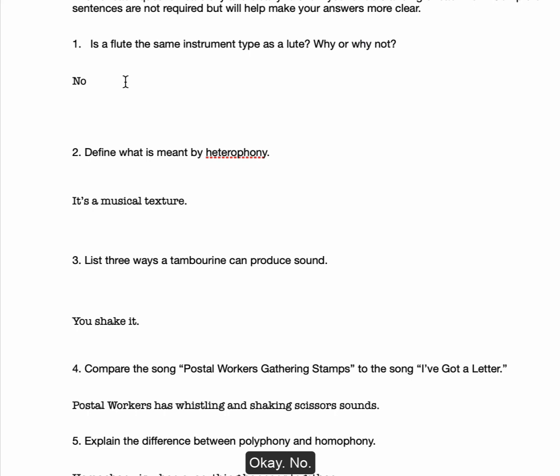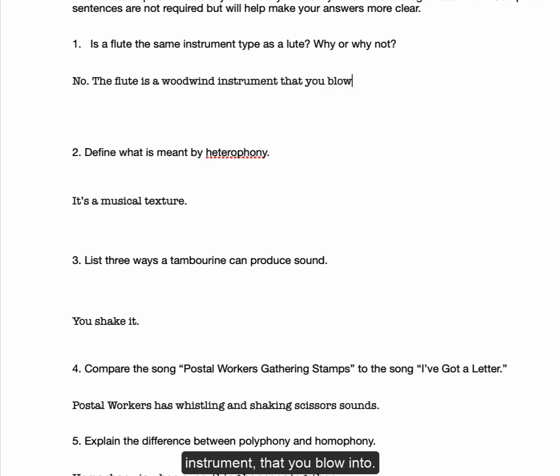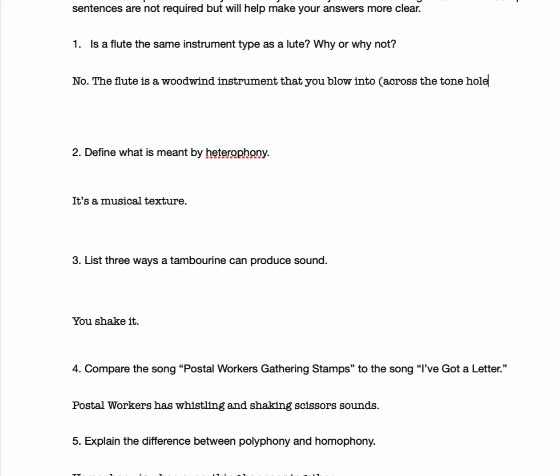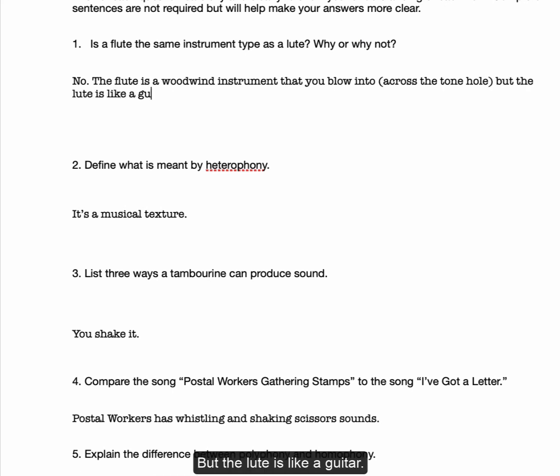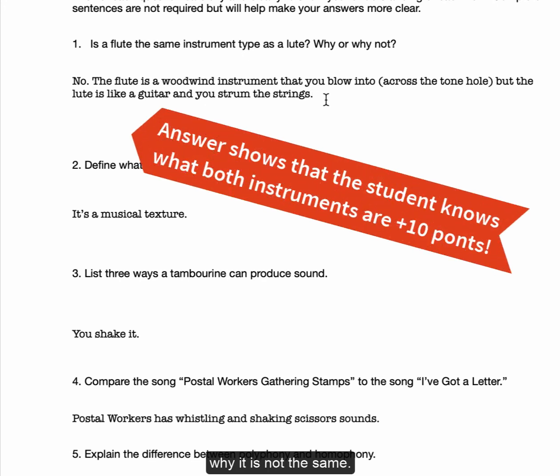Okay, no. The flute is a woodwind instrument that you blow into. Actually, you blow across it. But the lute is like a guitar and you strum the strings. That answers the yes or no, and it answers why it is not the same.